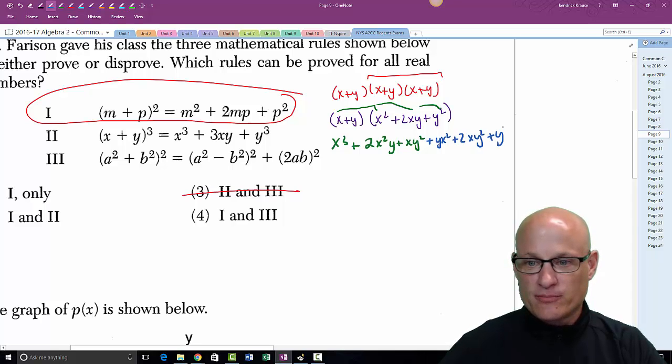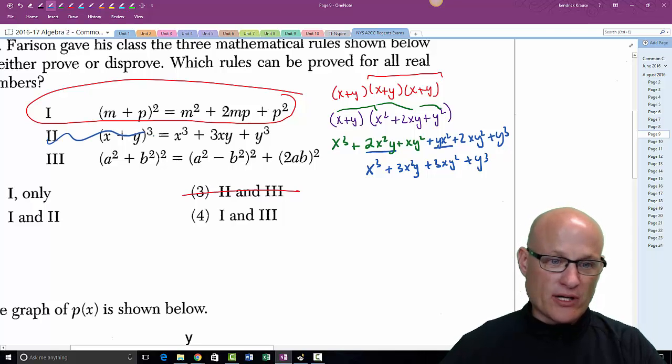And then plus y cubed. So I hope you see that this one's not going to work out. This is x cubed plus 2x squared y, and x squared y is 3x squared y plus 3xy squared plus y cubed. So this one doesn't work. Anything with a 2 in it has to go.